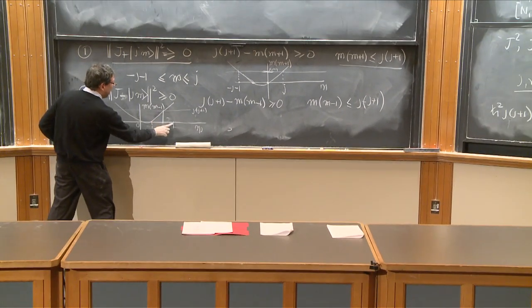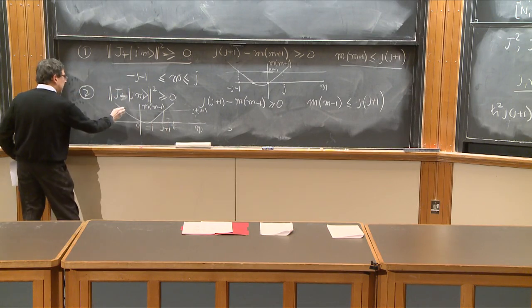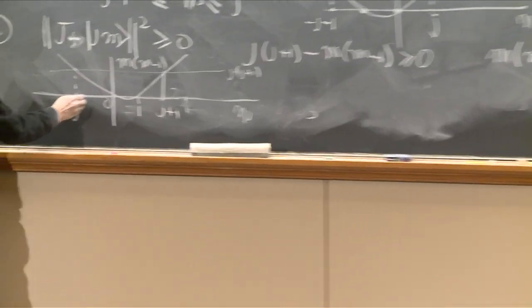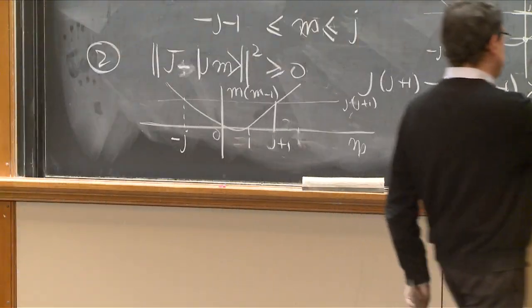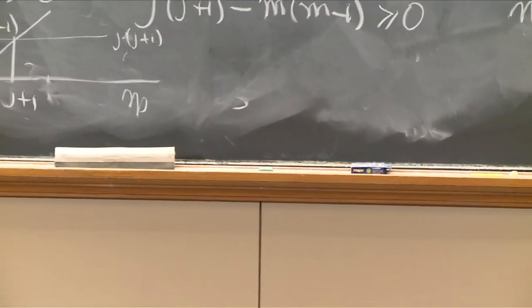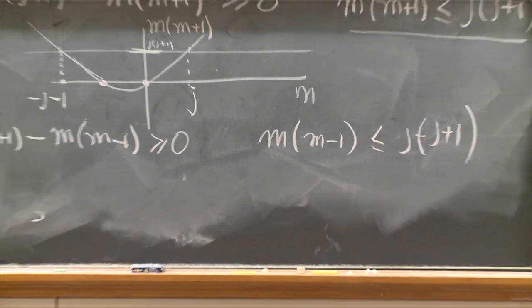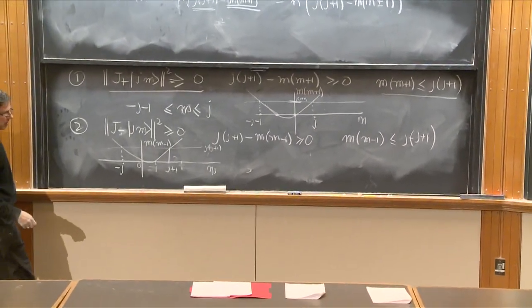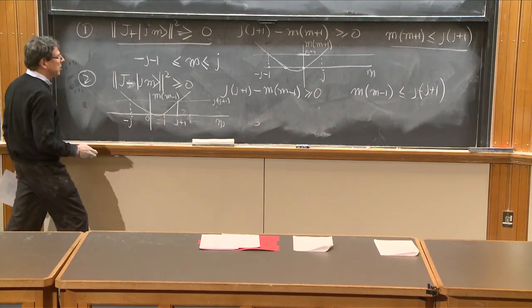And here you have j plus 1, and here you have minus j. Both are the places for m equal j plus 1 and minus j that you get good states. You get the saturation. So you can run m from this range.